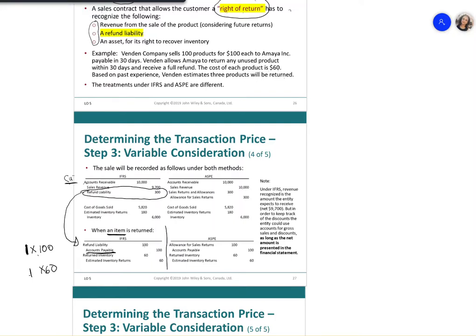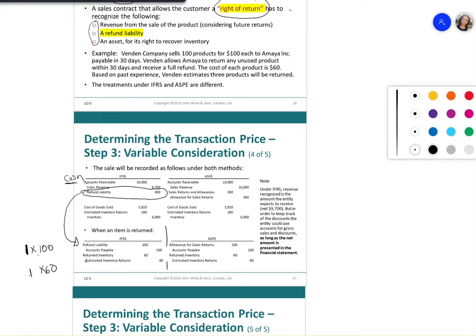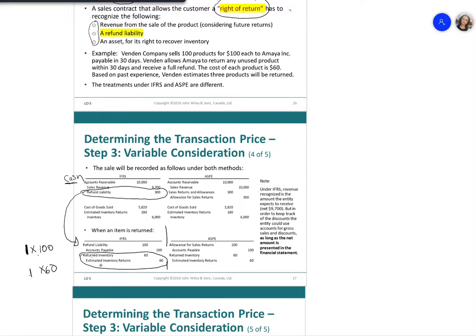If this was cash, we would give them the cash back. Since our sale was on credit, we put it as a credit because we are not going to give them the money back until they pay us first. Then the second entry is you return the inventory. The returned inventory will be a debit, and estimated inventory will be a credit for the 1 unit at the cost that we have.